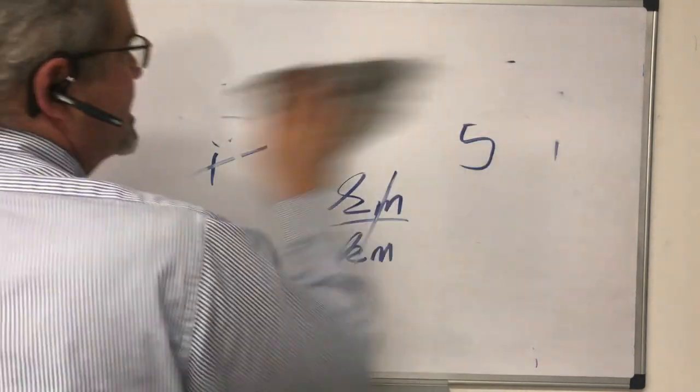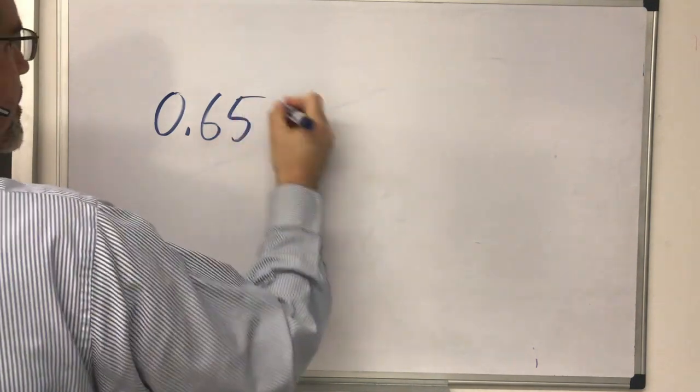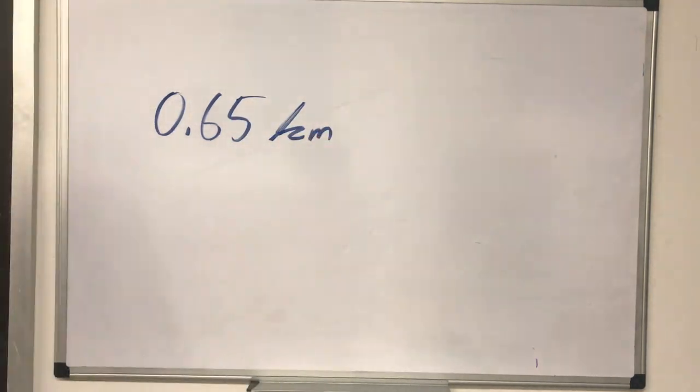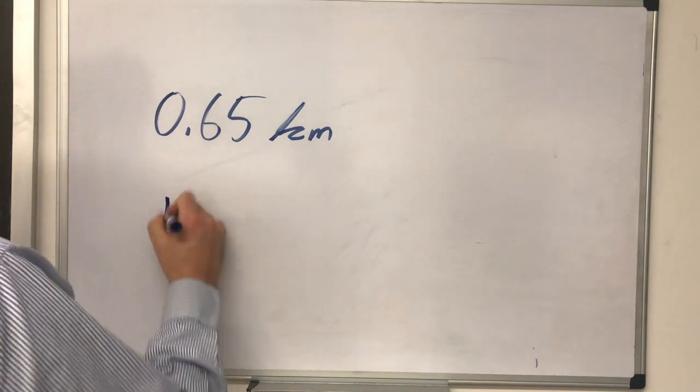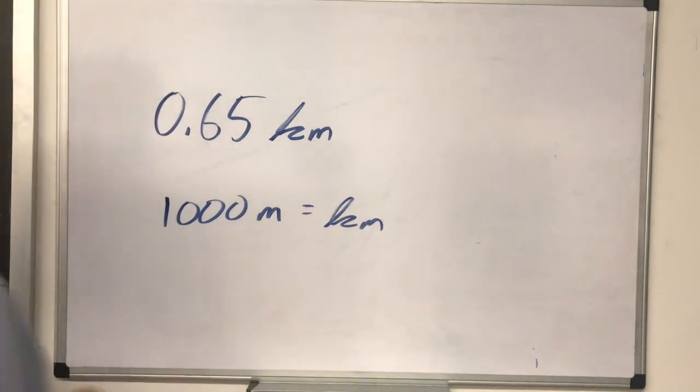So let's start out by saying, what if I had 0.65 kilometers? And I want to know how many meters is 0.65 kilometers. Well, I know that 1,000 meters is equal to a kilometer.